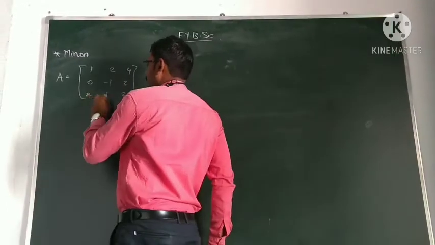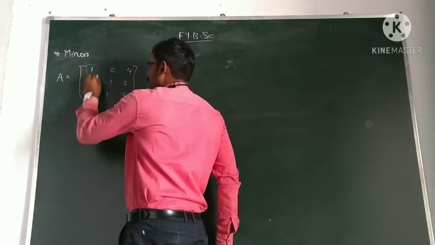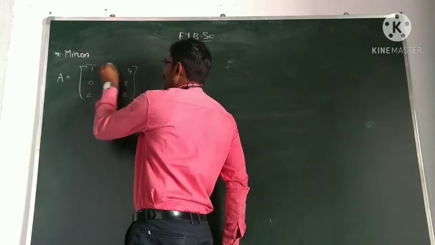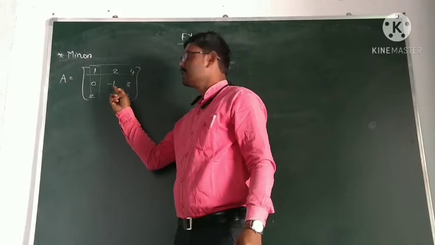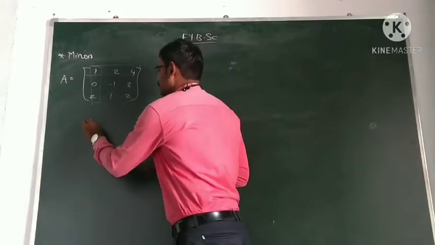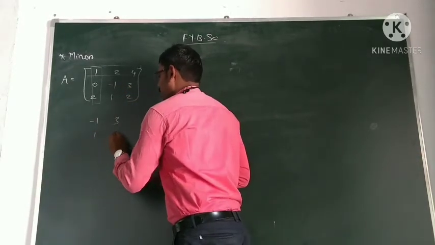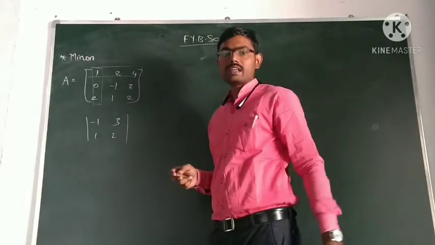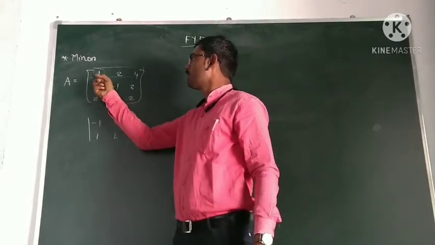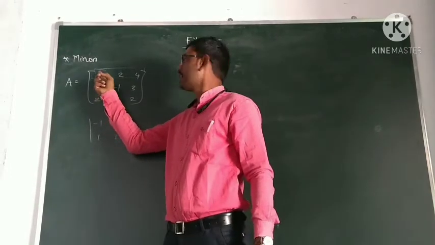So what we have to do? Delete this row, this column. Now what remains? This submatrix: -1, 3, 1, 2.